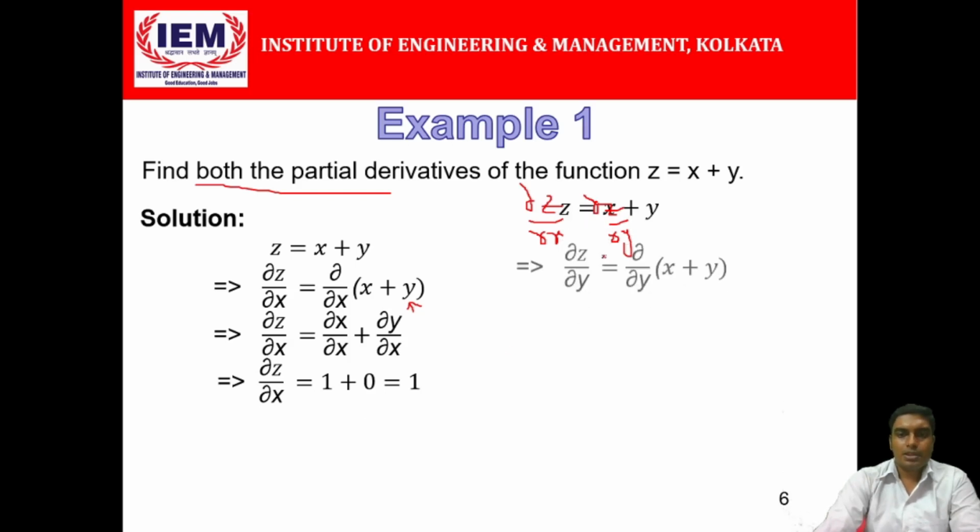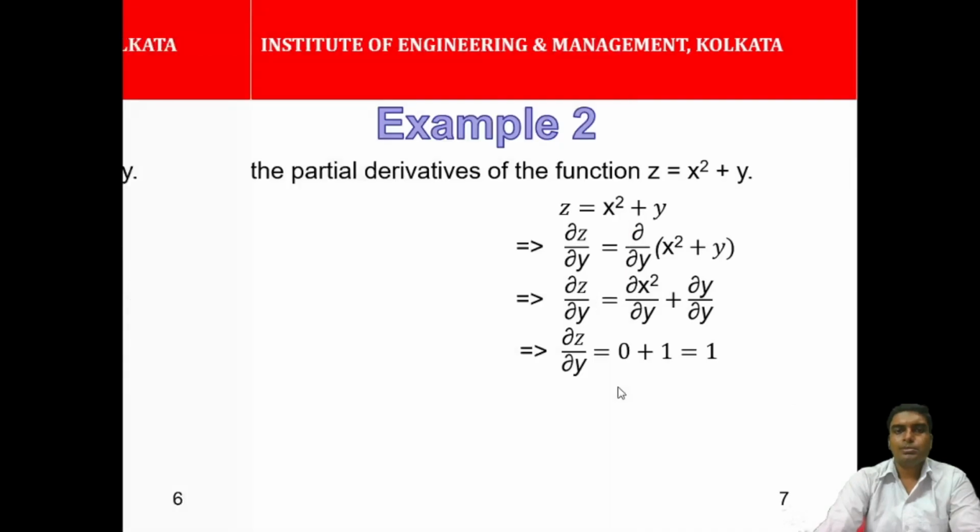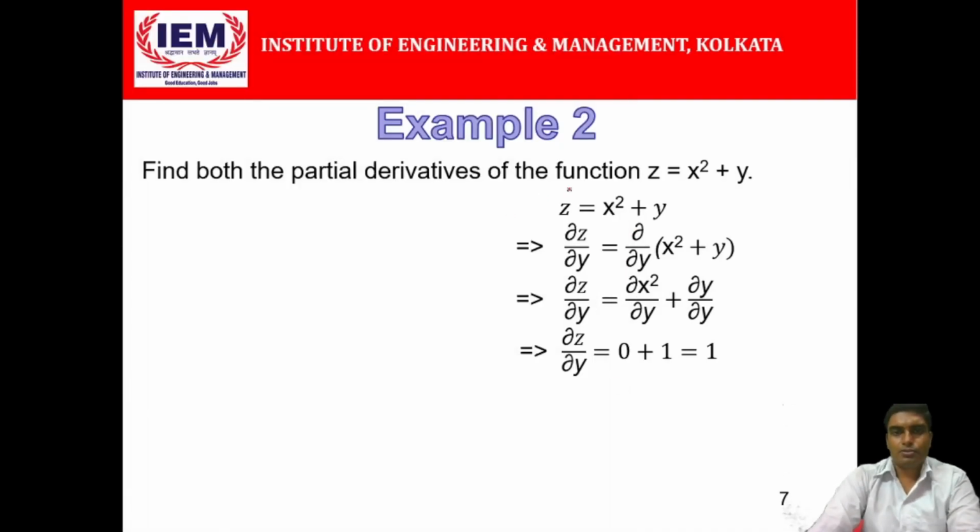Similarly, if I differentiate this function with respect to y, then x will be constant and y will be the variable. So it will be 0 plus 1, because the first term is 0 and the second term is 1. Now the second example. Suppose we have the function z equal to x square plus y. First I find the partial derivative with respect to y.